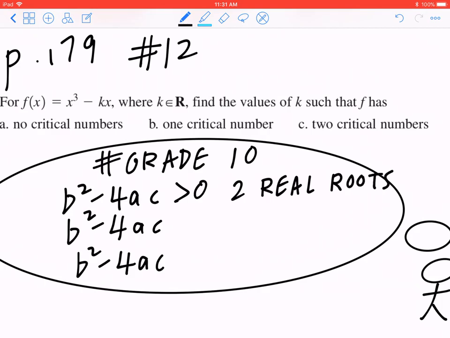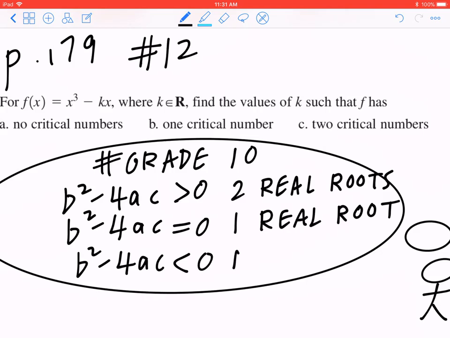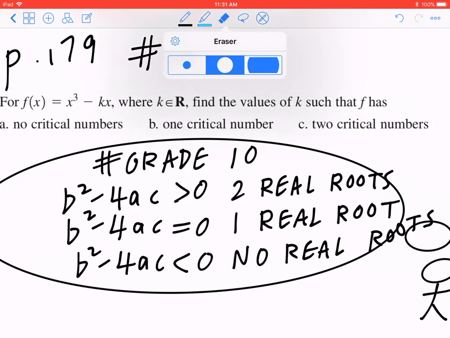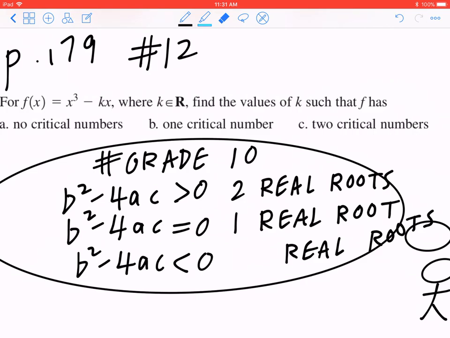In the second case, if the discriminant equals 0, there are 2 identical roots, also known as 1 real root. And of course, in the final case, when the discriminant is negative, there are 2 complex roots, or no real roots. Maybe I'm going to erase this and say 0 real roots, just to keep it consistent.